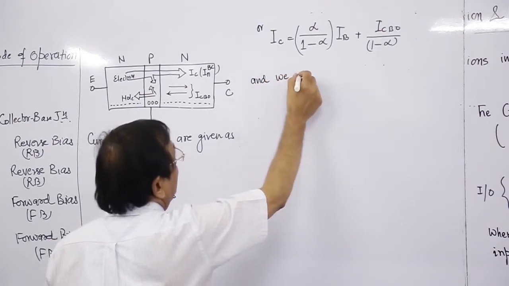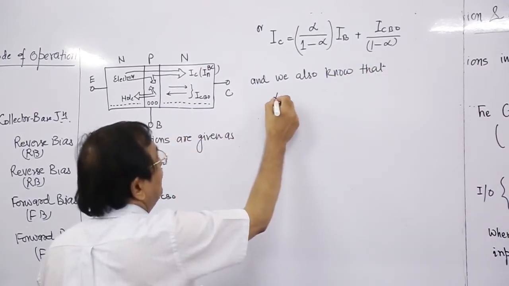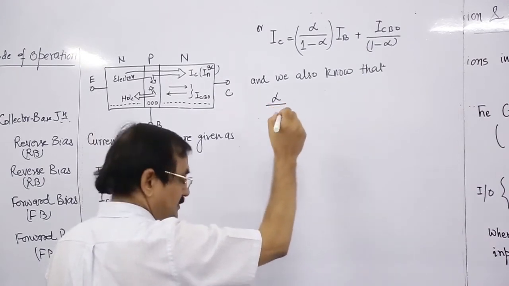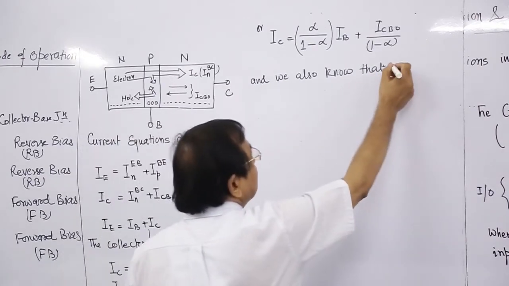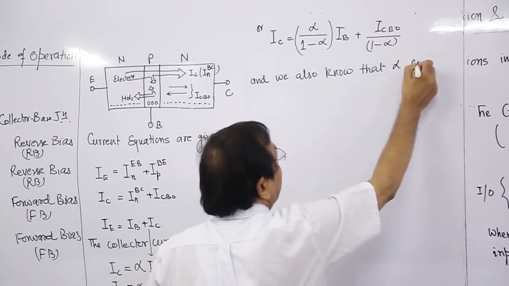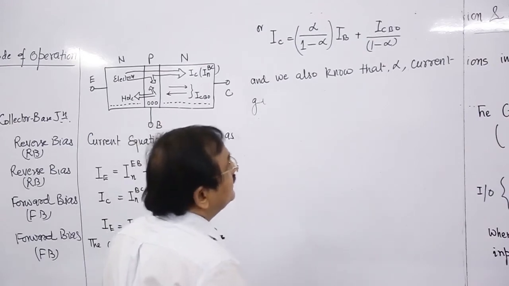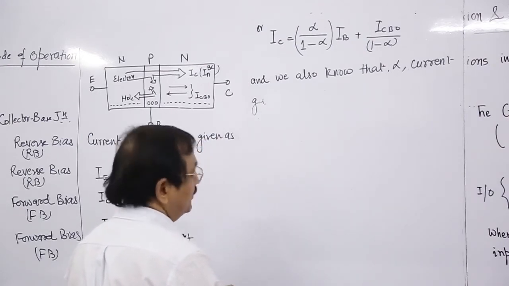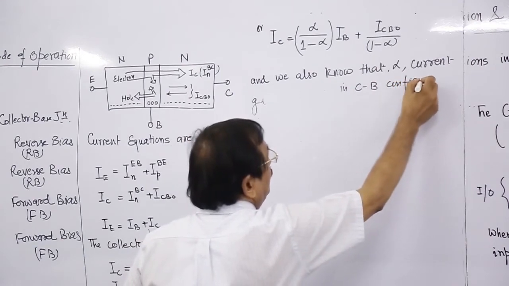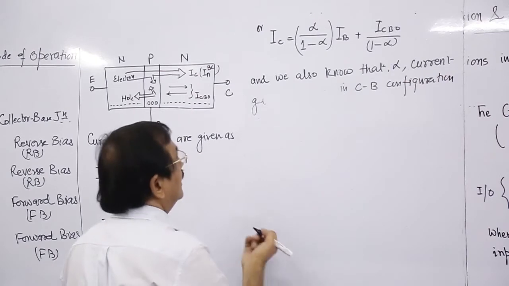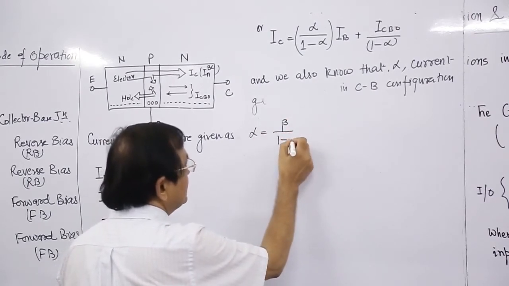We also know that alpha, the current gain in the CB configuration, is equal to beta upon 1 plus beta.